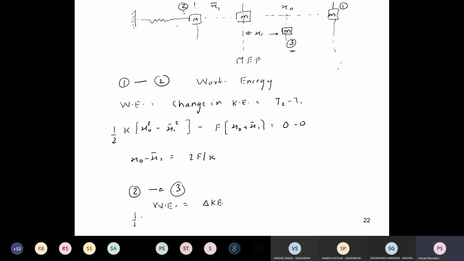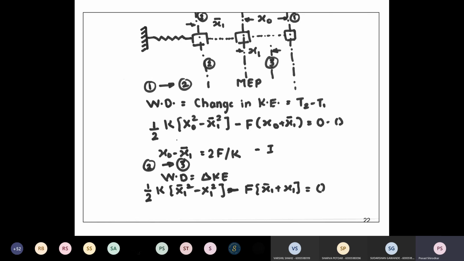So that will be half K into (x1 bar square minus x1 square) minus F into (x1 bar plus x1) is equal to 0. I can simplify that: x1 bar minus x1 is equal to 2F by K.